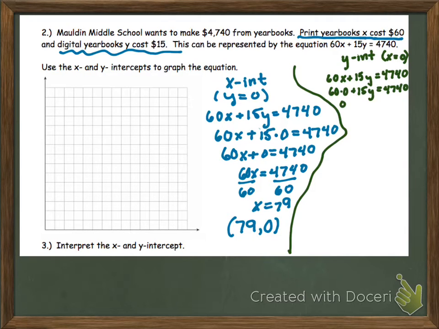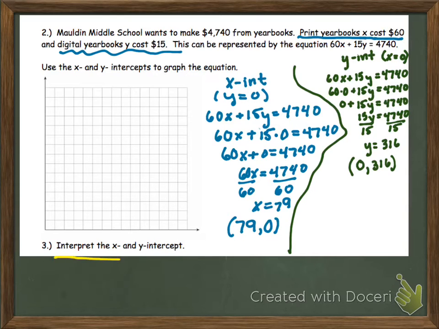And that's going to give us 0 plus 15y is equal to 4,740, or just 15y equals 4,740. And we would divide both sides by 15 to find what y is. So all that equation solving stuff never really goes away. And that gives us 316. And so our y-intercept is x is 0 when y is 316.